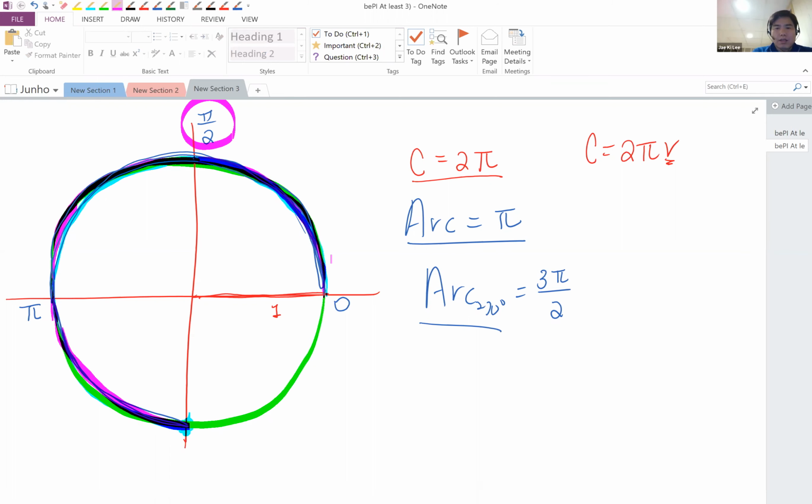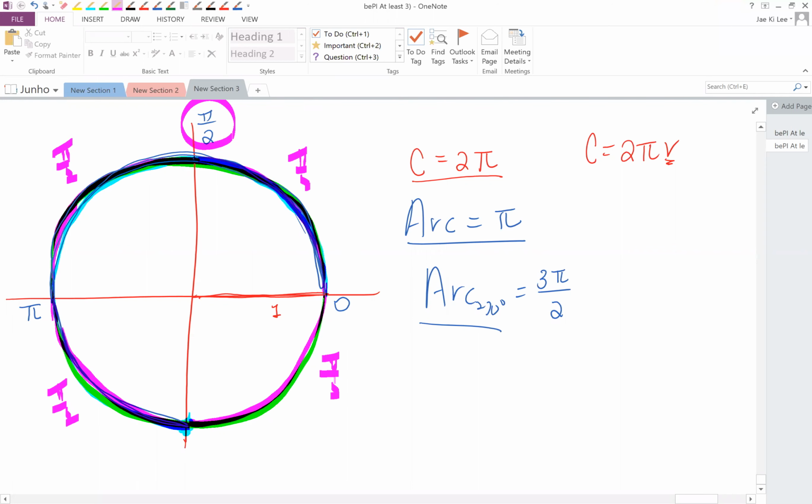You know that 0 to 90 becomes pi over 2, right? Then this is pi over 2, that's another pi over 2, then another pi over 2. Until here, we have 1, 2, 3 of them, so it becomes 3 pi over 2.